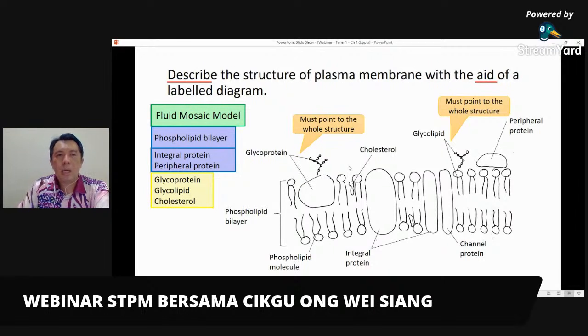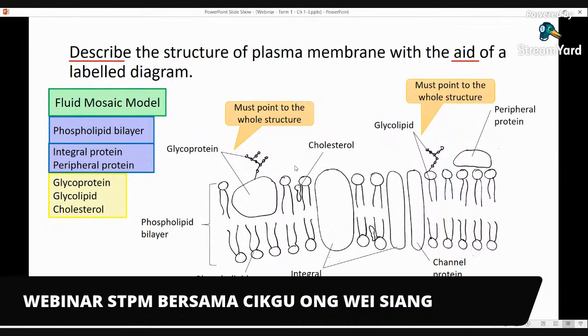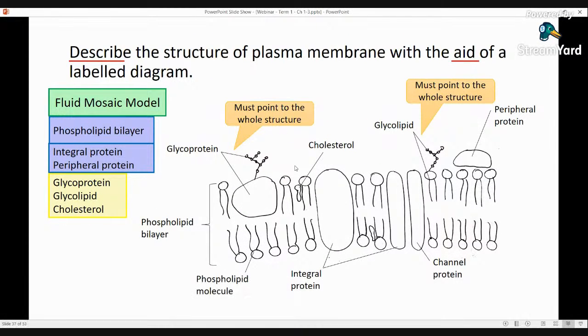If the question asks you to describe the structure of the plasma membrane with the aid of a labelled diagram, you need to draw the fluid mosaic model of the plasma membrane. The drawing is simple, like this. No need to draw the three-dimensional one.